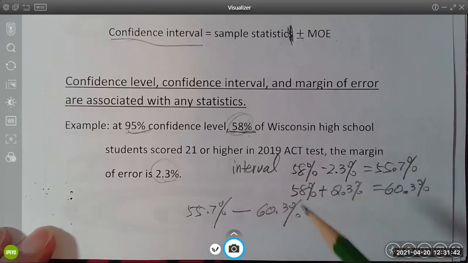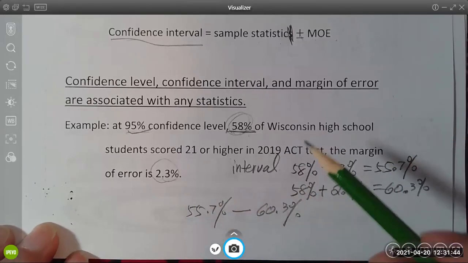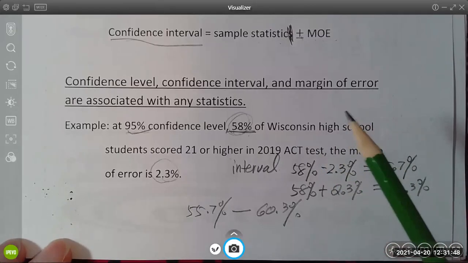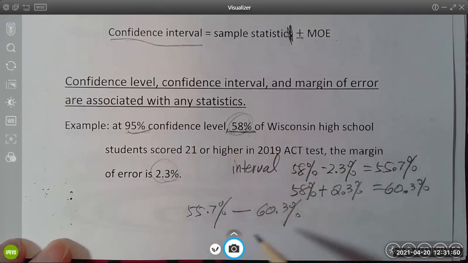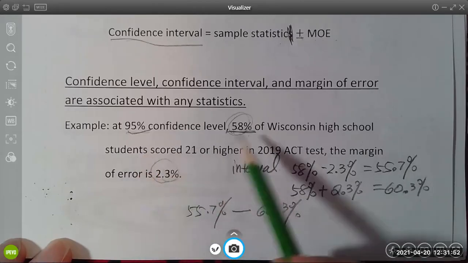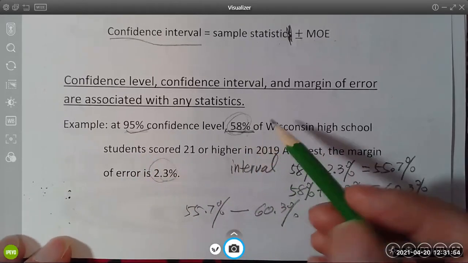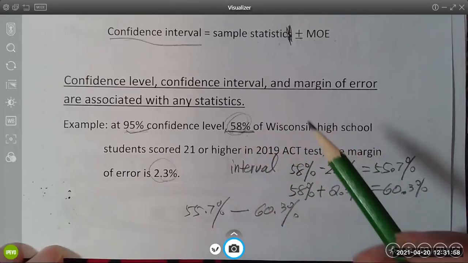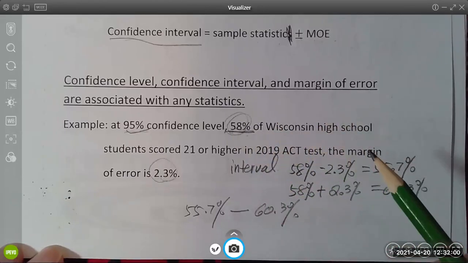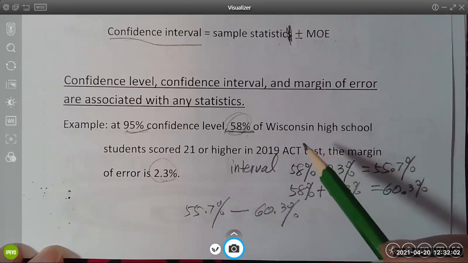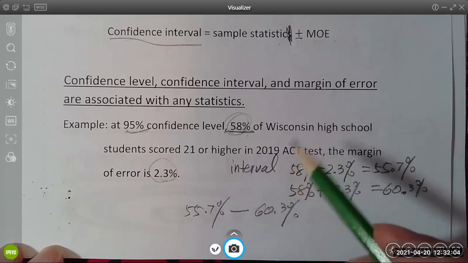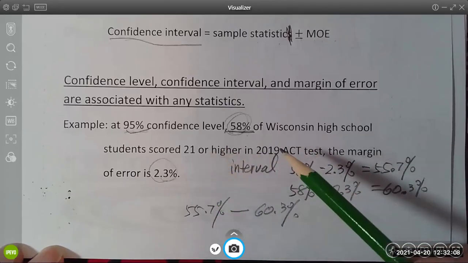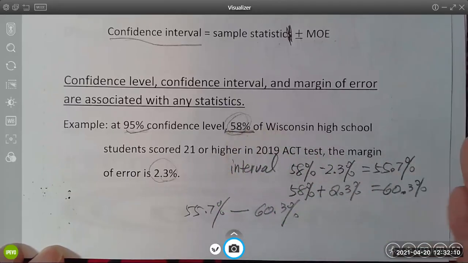Now, let me give you an explanation so that we can understand all of these terminologies: confidence level, confidence interval, and margin of error. And there is the interpretation itself. By the way, since we use a sample to do the calculation to understand how many percent of all of the Wisconsin high school students who took the ACT test in 2019 got 21 or higher, we want to know that percentage for all of the students.